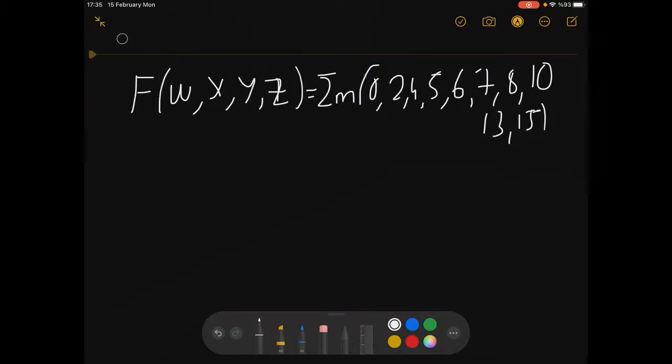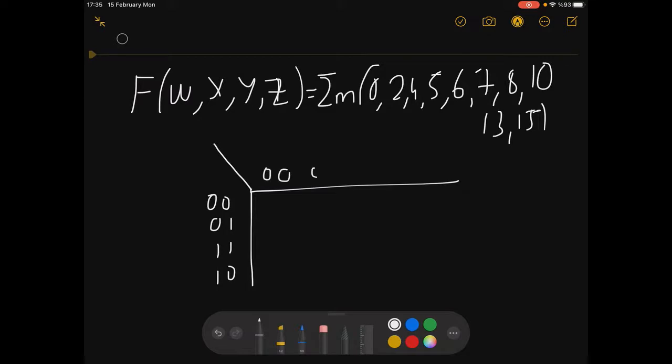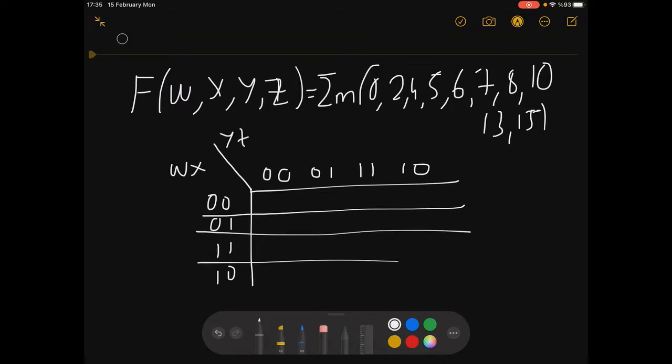From scratch, we can do it together. 0 0, 0 1, 1 1, 1 0 for W, X, and the same for Y, Z. I need to put this truth table right here, so let's do it together. Let me put the ones in there. 0, 1, 2, 3, 4, 5, 6, 7.